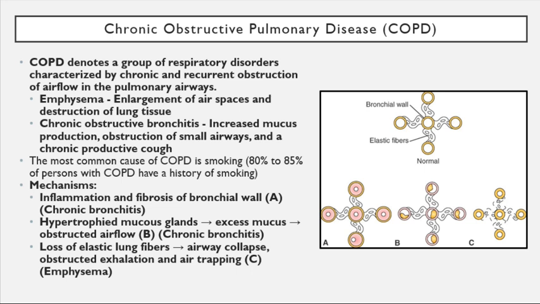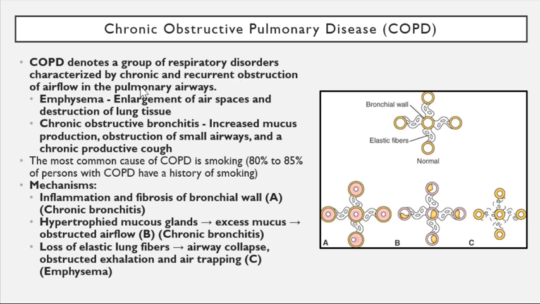So the next one is chronic obstructive pulmonary disease, COPD. Everyone's heard the TV commercials about COPD. This is a group of respiratory disorders characterized by chronic and recurrent obstruction of airflow in the pulmonary airways, and they include emphysema and chronic obstructive bronchitis.